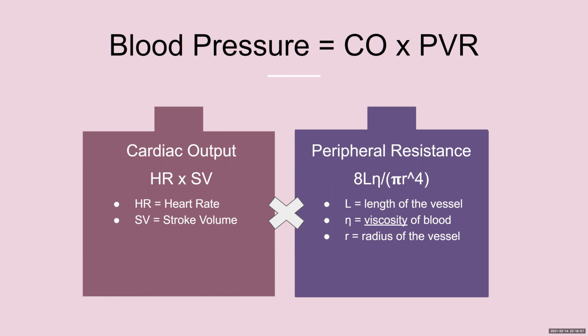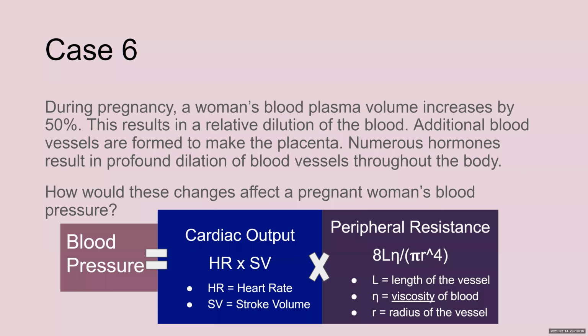So here are the equations put together. Cardiac output equals heart rate times stroke volume. Peripheral resistance equals 8 times the length times the viscosity over pi r to the 4th. So try to do this in your head or on your piece of paper. Try to figure this out.